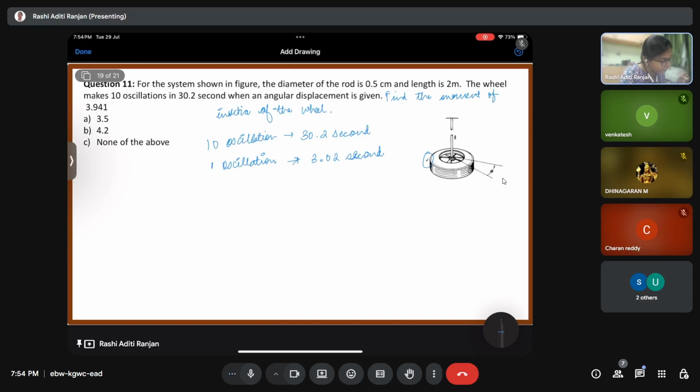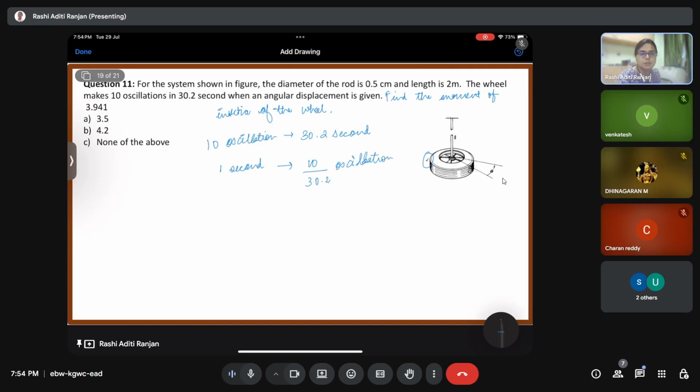Maybe we should do it like this: in 1 second it does 10 divided by 30.2 oscillations, because that is what frequency in hertz means, right?